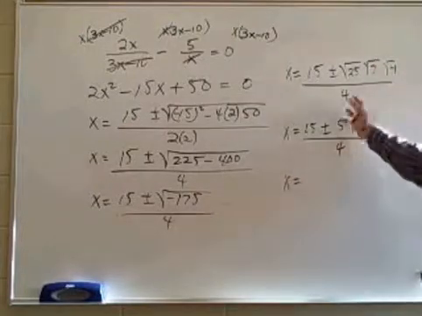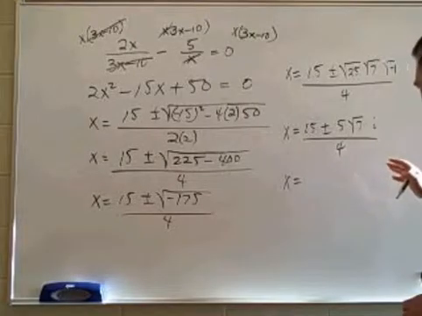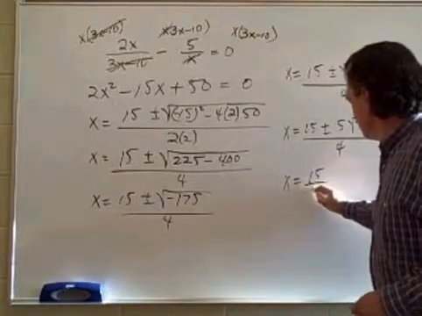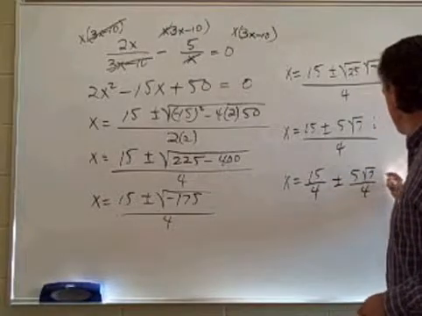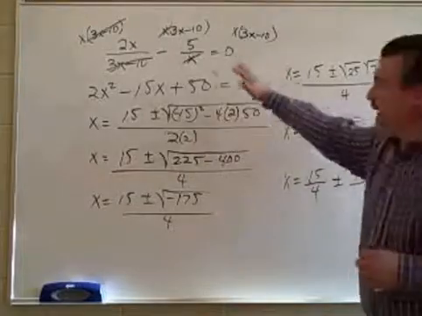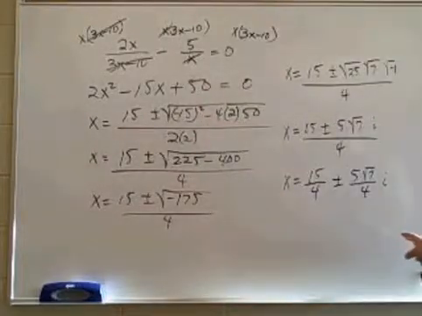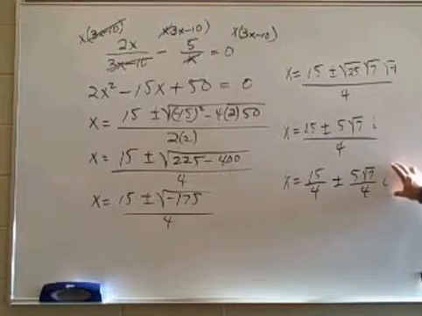And remember, when you have a complex number solution, you need to express it as separate fractions. 15 fourths plus or minus 5 times the square root of 7 over 4, i. So this rational equation ended up having the complex solutions that we see here.